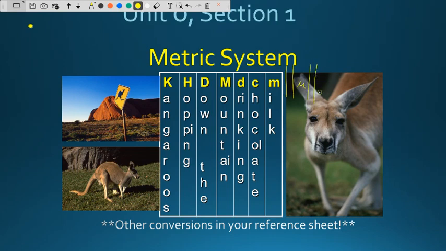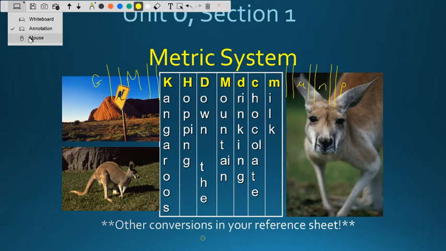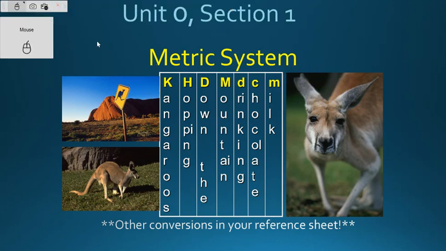Then we have a couple spaces, then we go down to nano, and then we go a couple more spaces, we go down to pico. Remember, we're counting very, very almost invisible things. You can see them with an electron microscope, but we're going to get down to the picometers. And similarly, we go bigger and we get mega, and we get up to here, we get giga, and we have tera and all those other things. So chemistry deals with incredibly small and incredibly big numbers. That's why we've got to be confident in our metric system conversions.